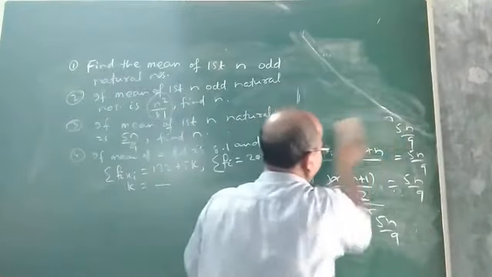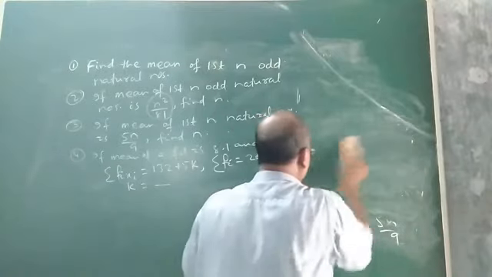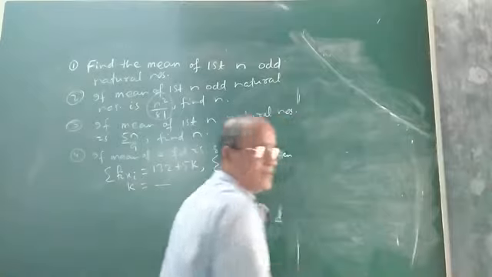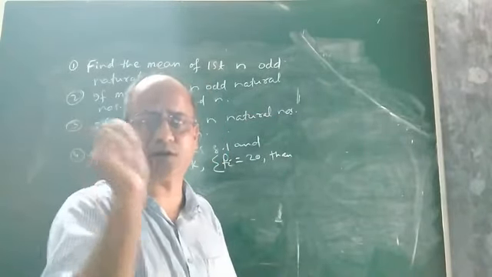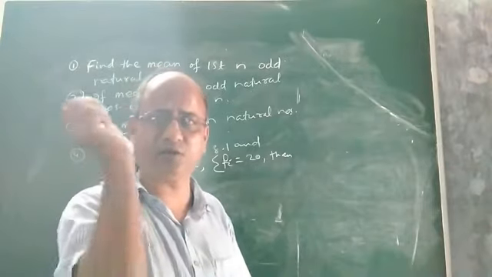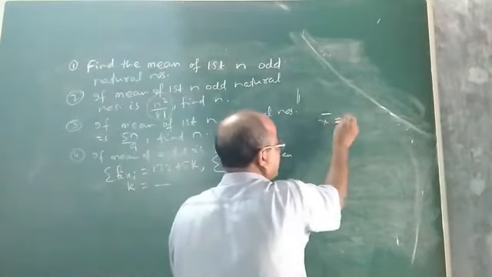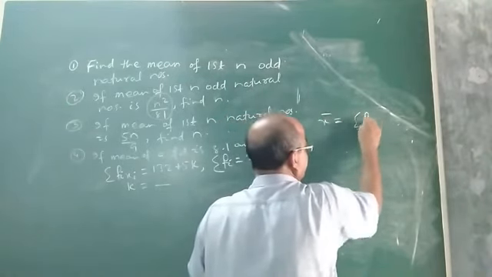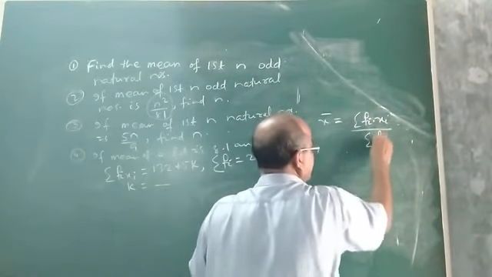Let us discuss. Children, you know the direct method of calculating mean. What is the formula to calculate the mean of a continuous frequency distribution or discrete frequency distribution by the direct method? I hope you remember. It is x bar equal to summation of fi into xi divided by summation of fi.